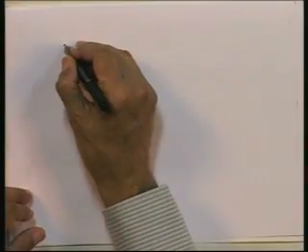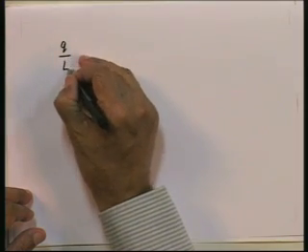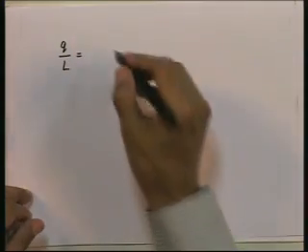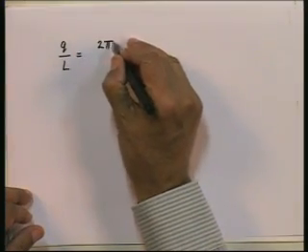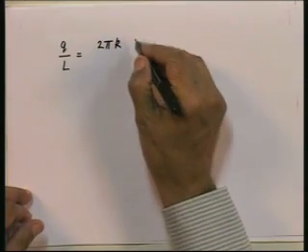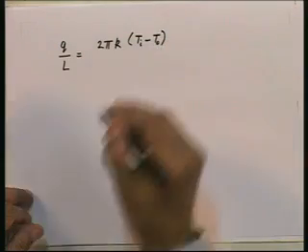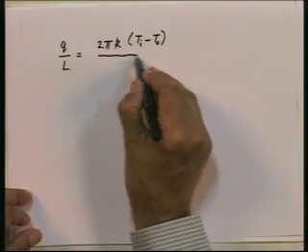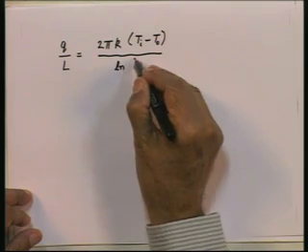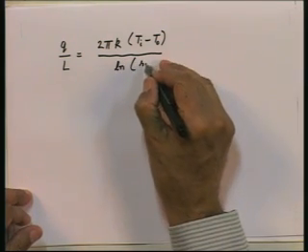I just want you to get into the habit of drawing a sketch, putting down the data and solving the problem. So, substitute into the equation we had. What was our expression? The expression we had was Q by L is equal to 2 pi k into (T_i minus T_o), divided by the log to the base e of r_o by r_i.